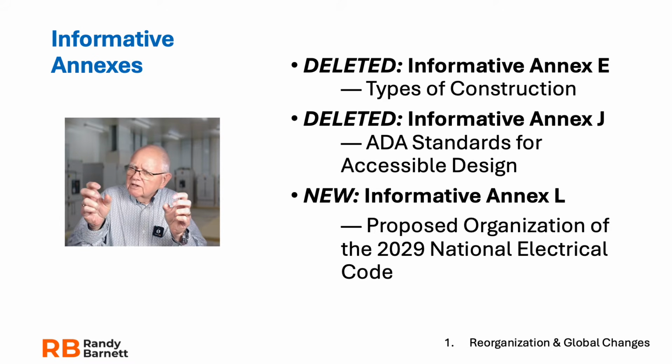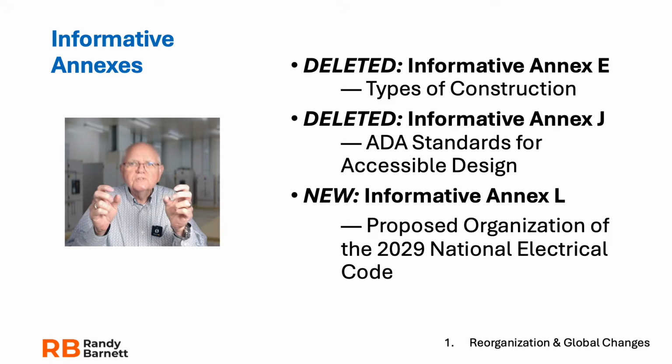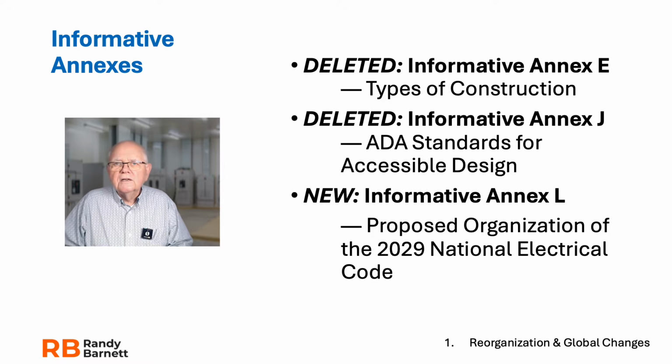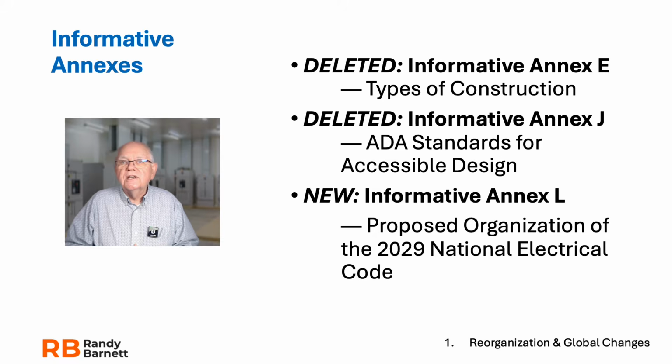Then when it changes in this code, I've got to run over and make sure it's up to date in this one. So that's what was going on. There have been changes to the ADA standards. Best is to go ahead and delete the information. If you need the ADA standards, obviously, as you do when we design and build buildings, then you go to the appropriate ADA information that you would need.